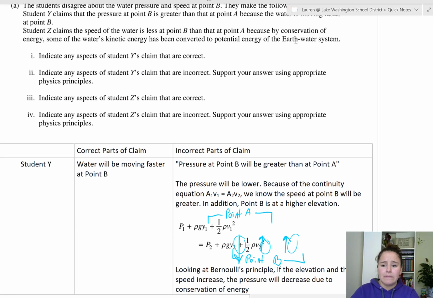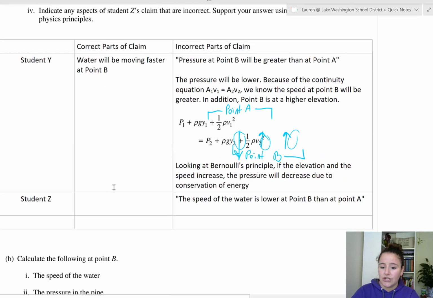But then he said, but by conservation of energy, some of the water's kinetic energy has been converted to potential energy of the Earth water system. Now, it is true that it did go up in potential energy. So that is a correct part of his claim.